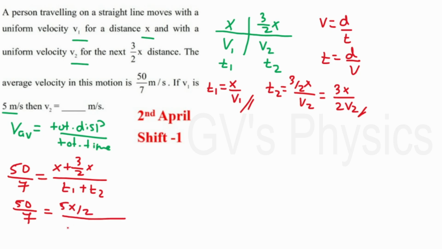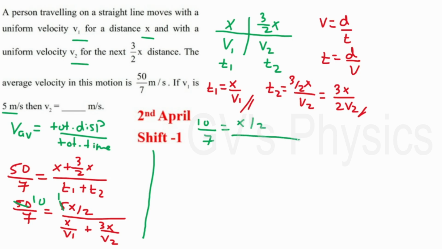In the place of t1, we can substitute x by v1. In the place of t2, we can substitute 3x by 2v2. In the denominator, we can take x as common, so that this will become 1 and it becomes 10. So 10 by 7 is equal to x by 2. In the denominator, we can take x as common.